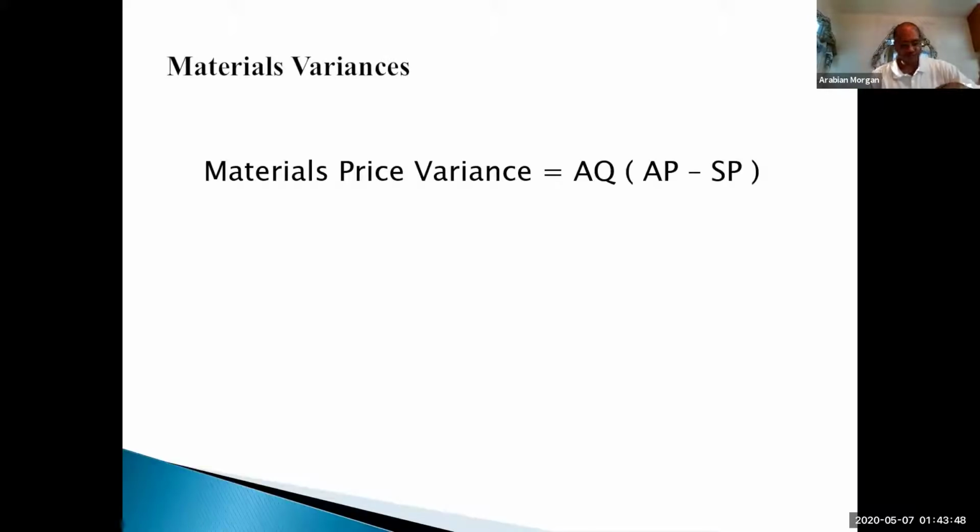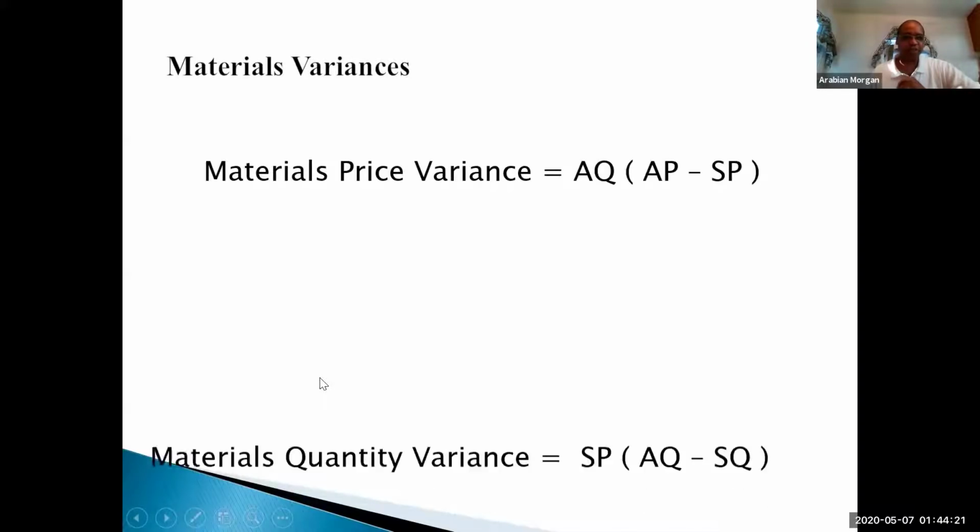All I did was, using some mathematical principles, extract the actual quantity from that binomial formulaic expression. All right. So this is the first variance, just the materials price variance rewritten.